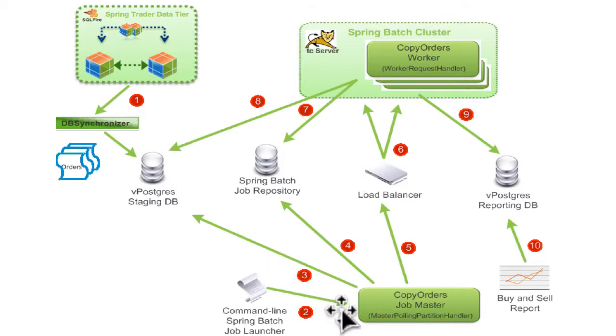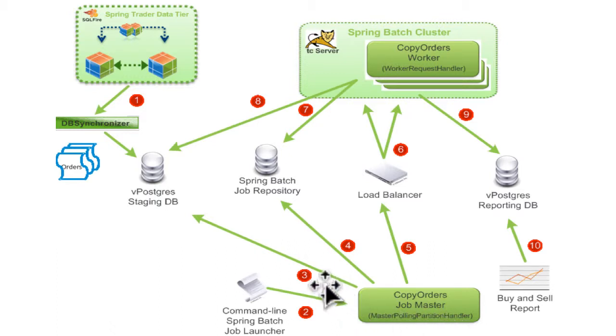Step 2, we have a command line Spring Batch job launcher that's launched, and will kick off the job, which essentially will start the master process of the job, which is implemented as a master polling partition handler.